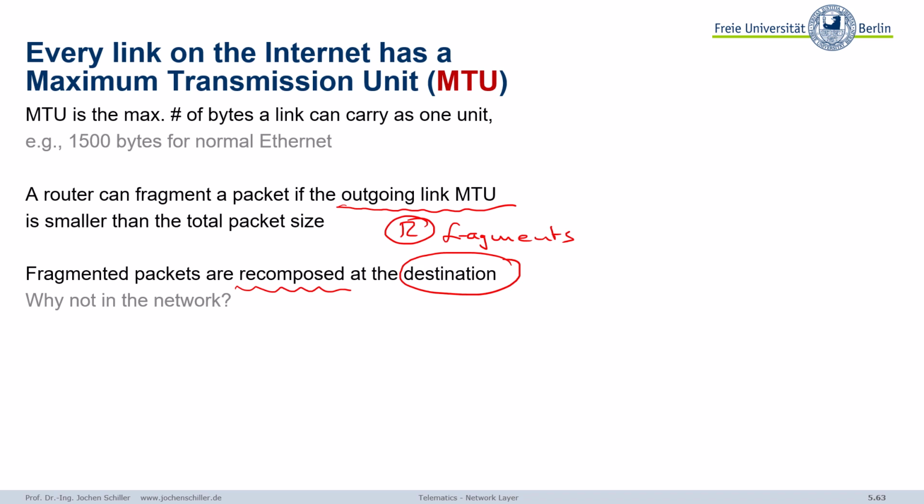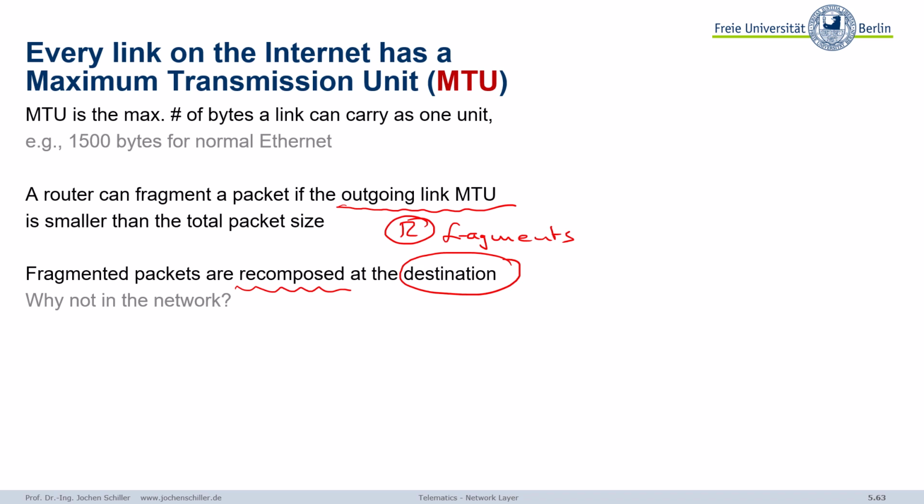Why? Well, routers are extremely busy. Routers do only the things that are absolutely necessary to forward a packet. Well, to reassemble the packets, that's not necessary. So you can transport the fragments. For the destination, it's important.